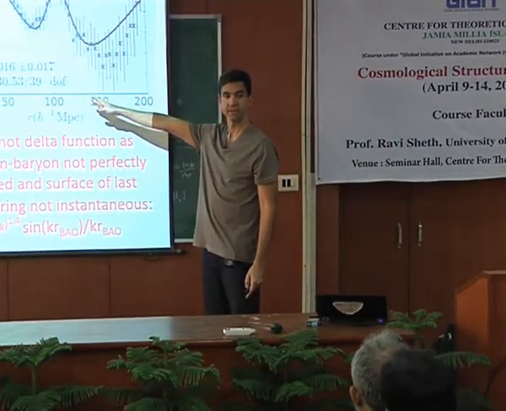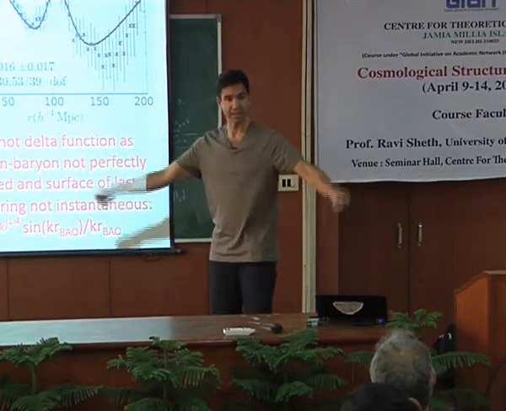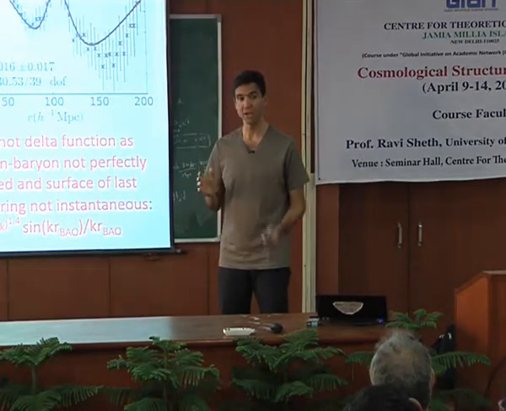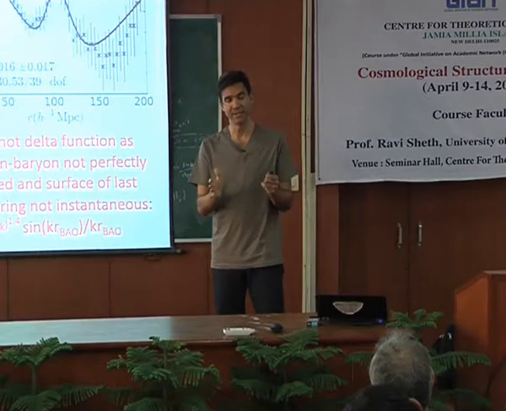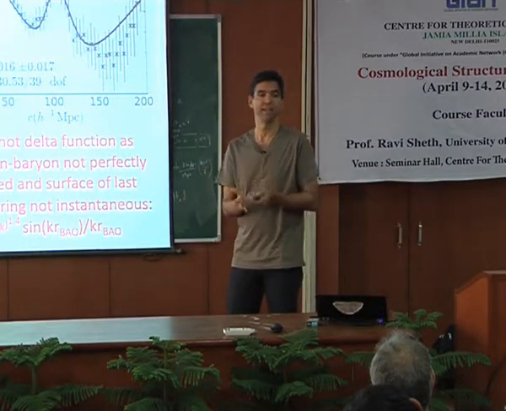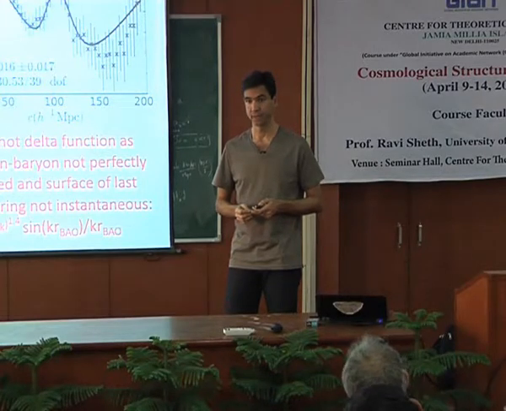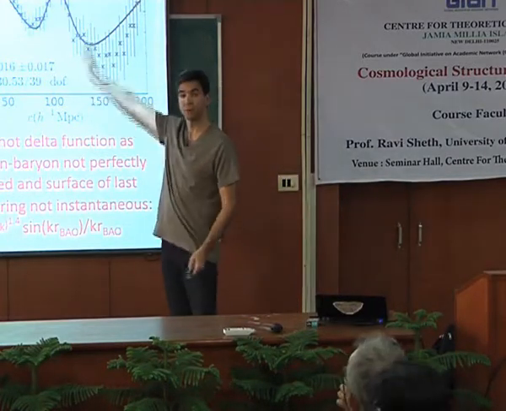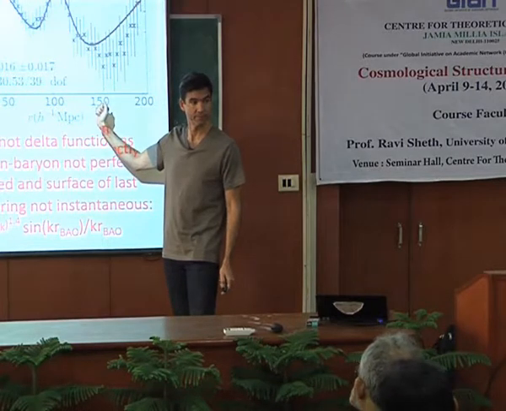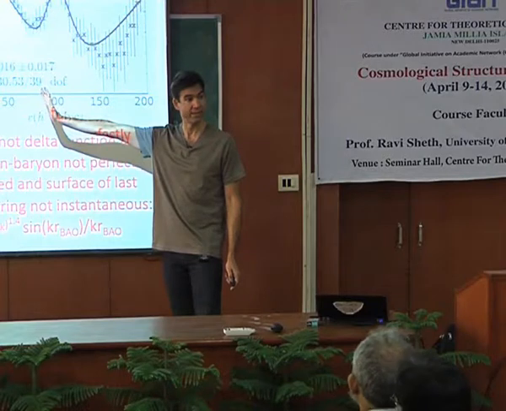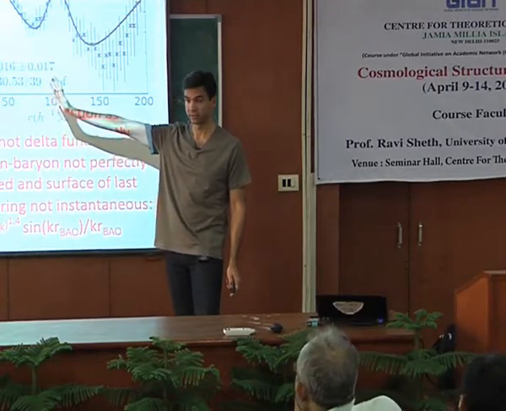In real space, this is a spike, no? It's a shell of 100 megaparsecs. The shell of 100 megaparsecs means you can either say it's a delta function at 100 megaparsecs, and I want to take the Fourier transform of the delta function. If the delta function is at 0, then the Fourier transform is a constant.